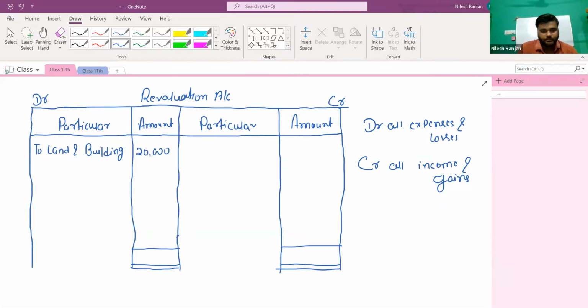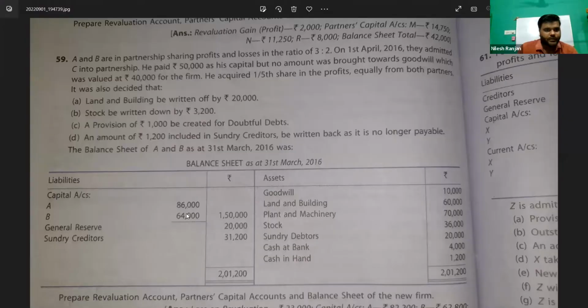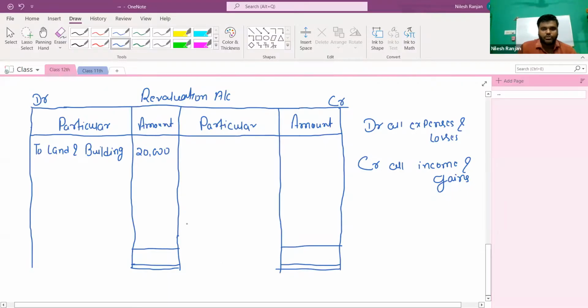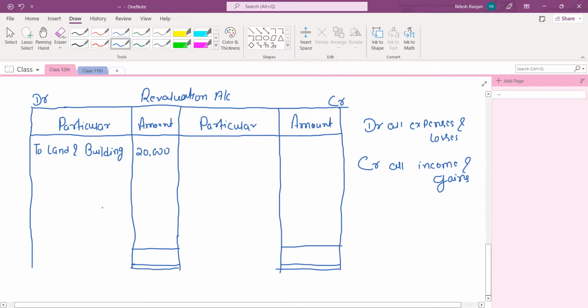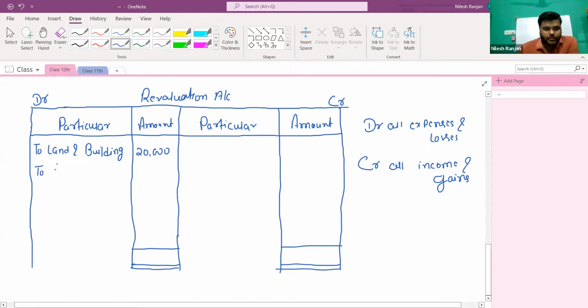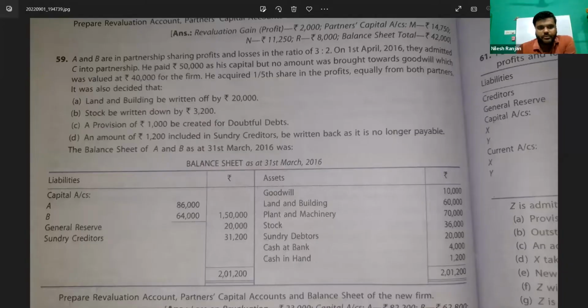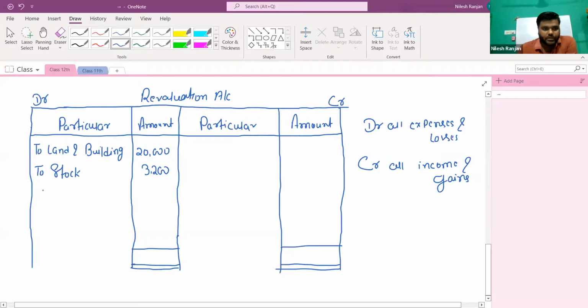Is there any problem? No, sir. Stock be written down by 3,200. So can anyone tell me where the stock will go, debit or credit? Yes, debit. So to stock, it is 3,200.